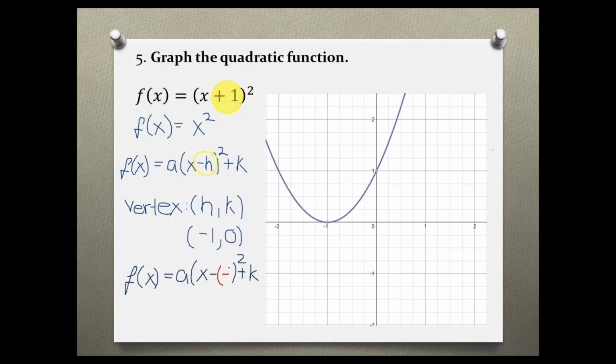So right here for h, and once we simplify that, you see that the 1 becomes positive, just as in our original function. And this is the reason why we always have to shift in the opposite direction as the number that is within the parentheses. In our case, 1 unit to the left.